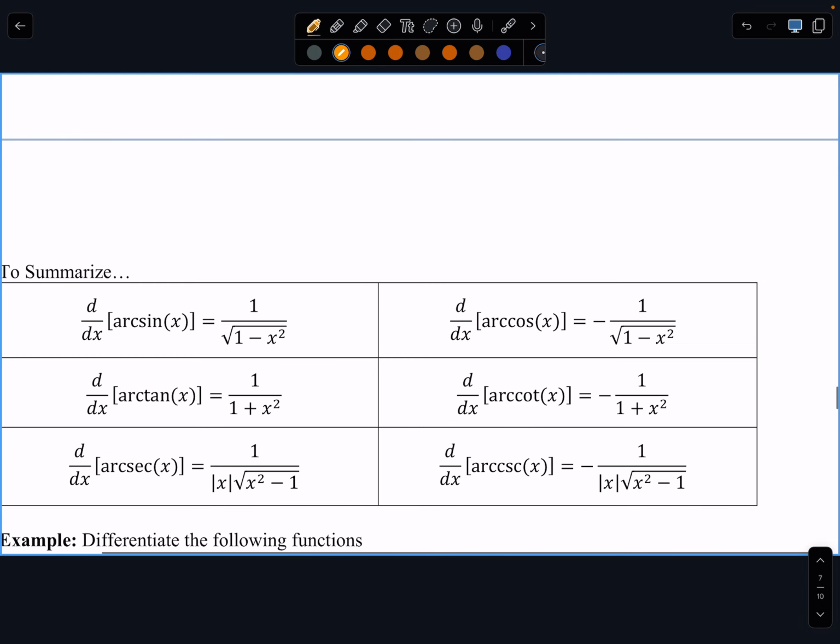Because you really only have 3 derivatives to memorize or to recognize. And remember how for the derivatives of the trig functions, my way of keeping which one is positive and negative straight in my head is the ones that start with C have negative derivatives. Well, looky, the derivatives of arc cosine, arc cotangent, arc cosecant are also all negative.